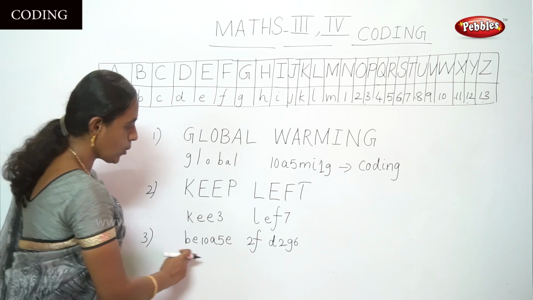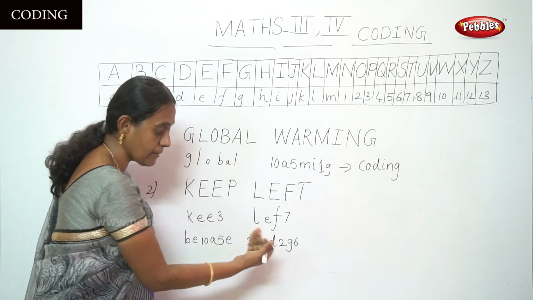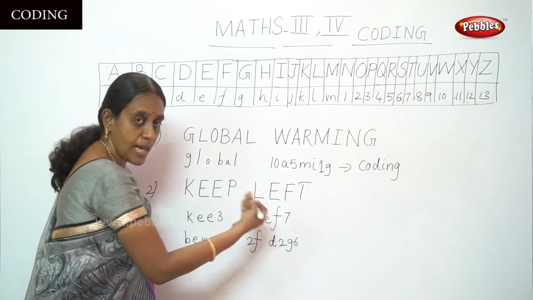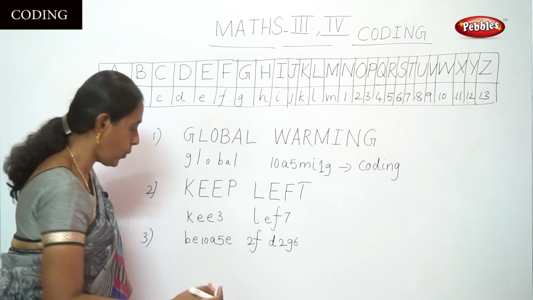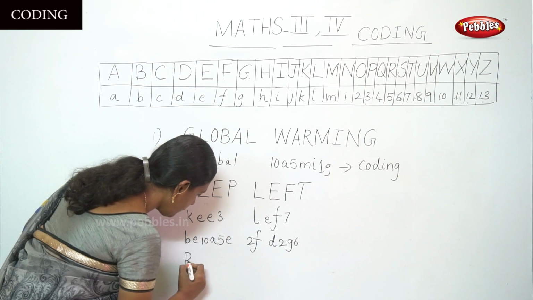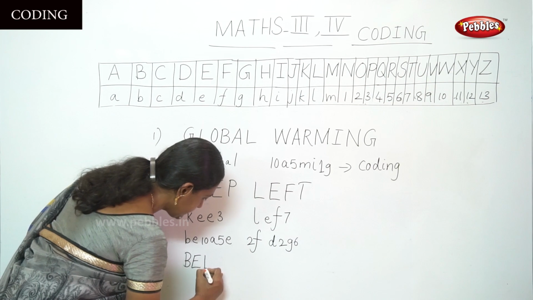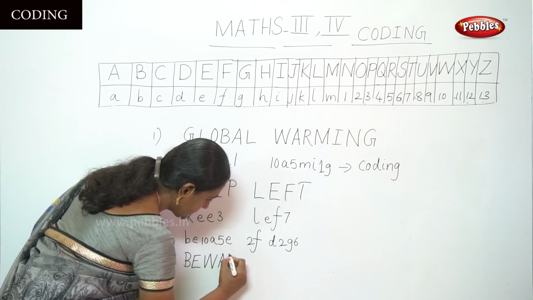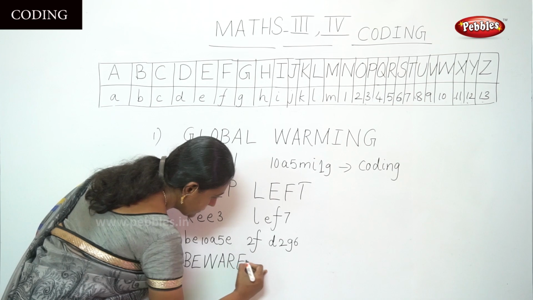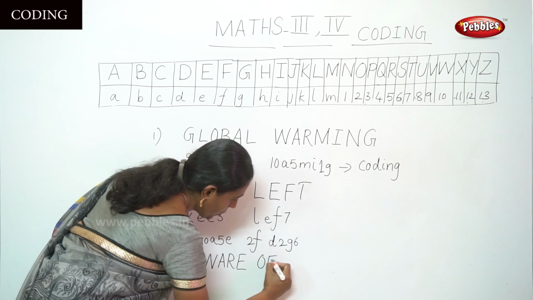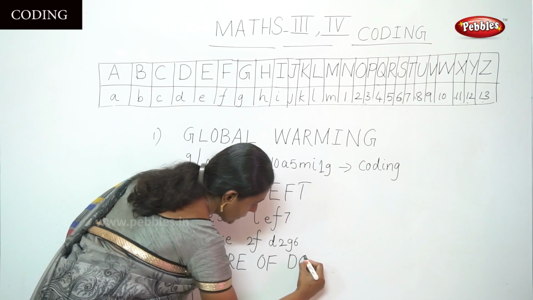So this is a coding number. To derive the answer is called decoding. That is beware of dogs.